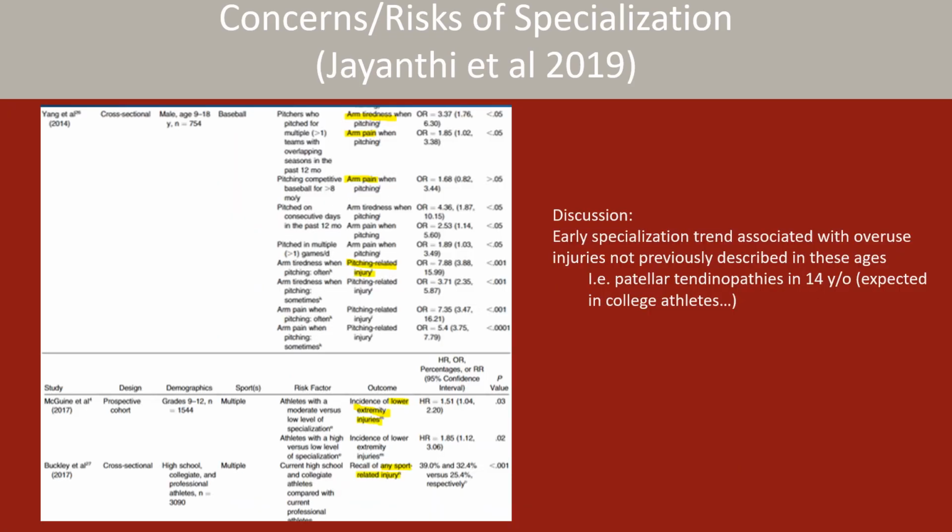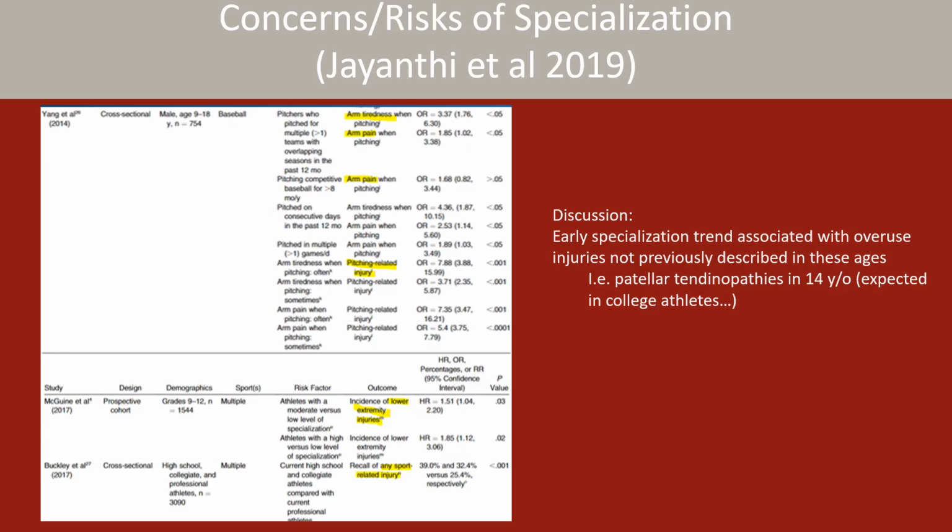The studies evaluated in this 2019 analysis led the authors to the concerning discussion point that higher rates of pediatric type injuries, such as apophysitis, were apparent with specialization, but also that the degree of overuse injuries associated with sports specialization trends athletes towards the adult injuries later in life.